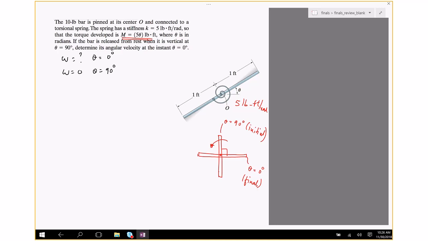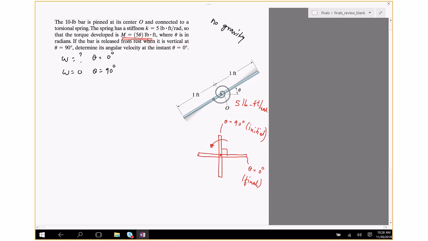Are there only conservative forces? Now, it's not given here, but no gravity. Actually, gravity wouldn't have mattered in this problem, because the middle portion of the bar is pinned, and so even if gravity had acted, it wouldn't have created an external torque. Now, if I had moved it slightly so that the point O is not the center, it was offset, then yes, gravity would have affected it.